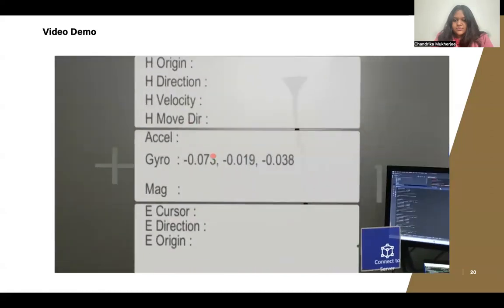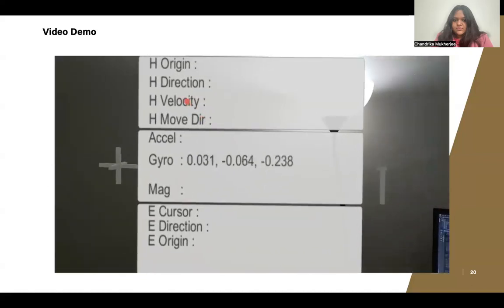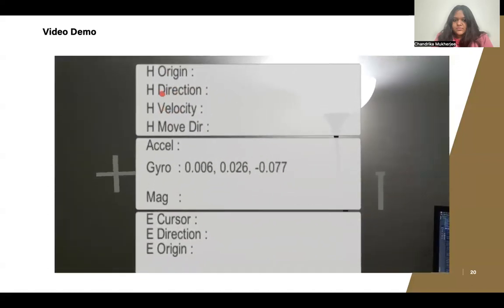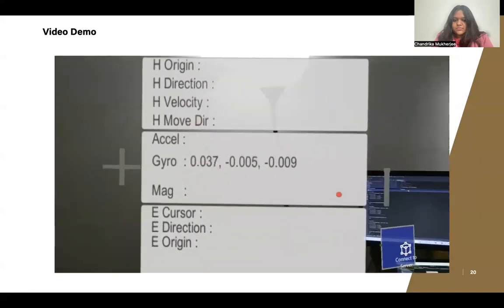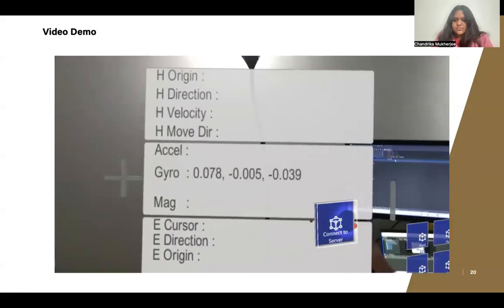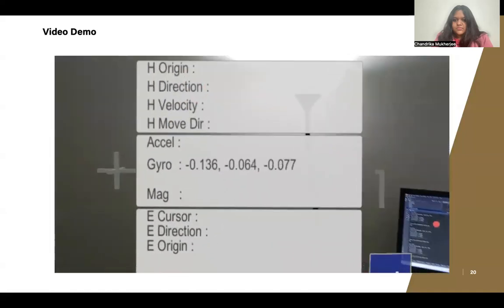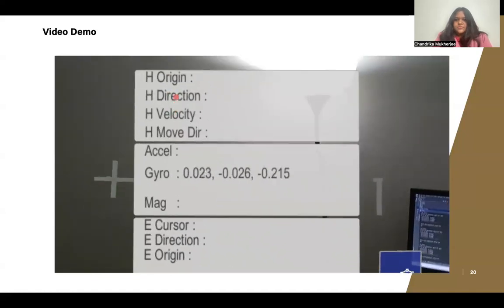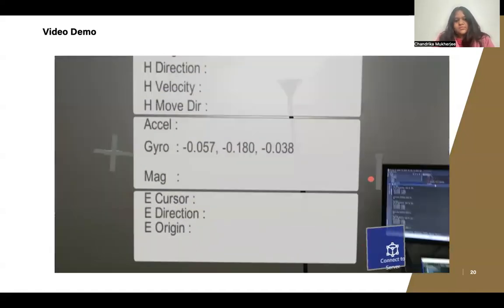So this was the development for part A, but you can see there are two more sections here. One is head tracking and another is eye tracking. I will first stop the server. In the case of head tracking, I am showing the data of the head origin, the direction, and the head velocity and movement direction.